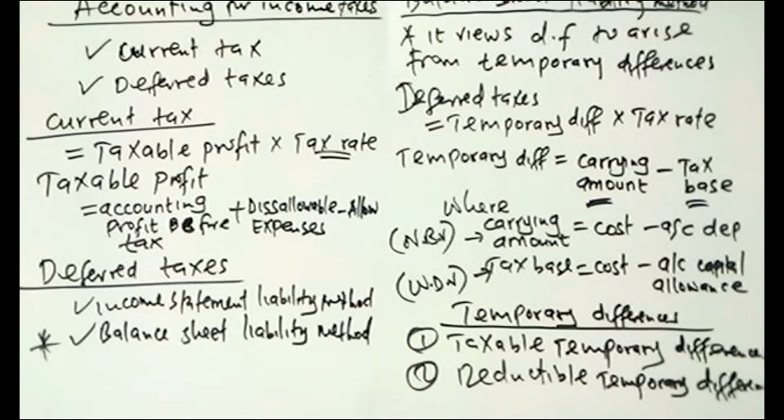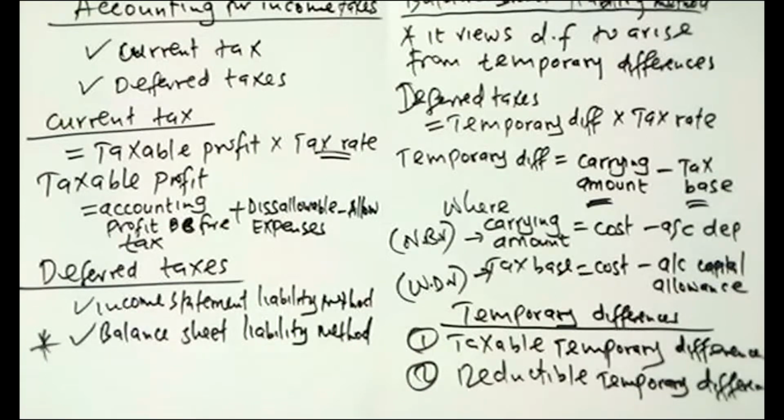If you want to do more research, just Google IAS 12 and read more from that page. But what I've mentioned for the CASNEB exams is what you need to know before we do the questions.